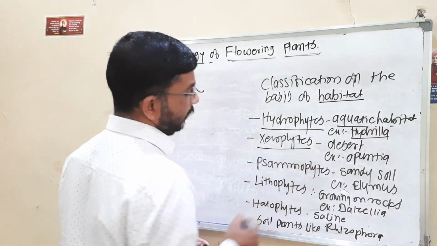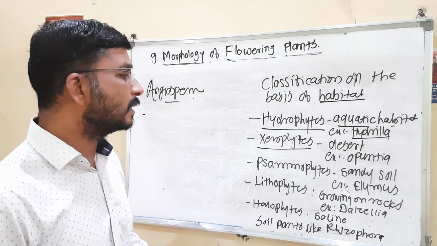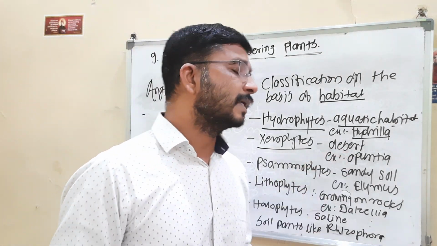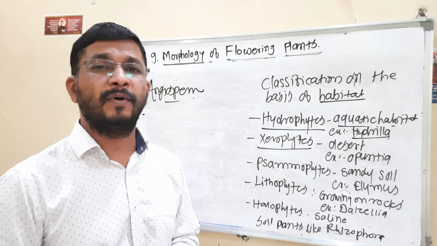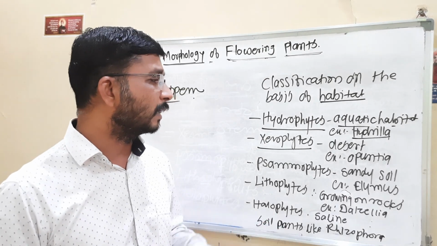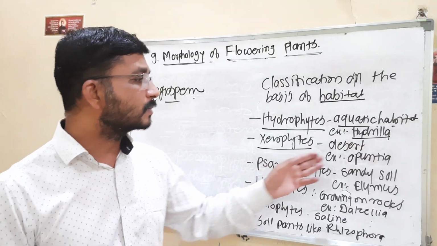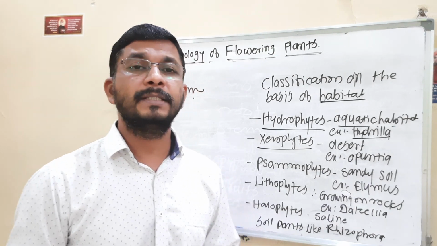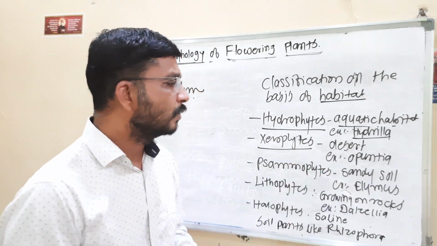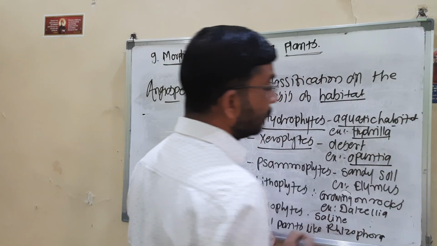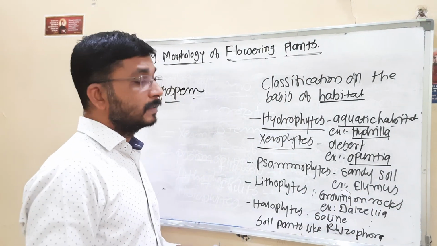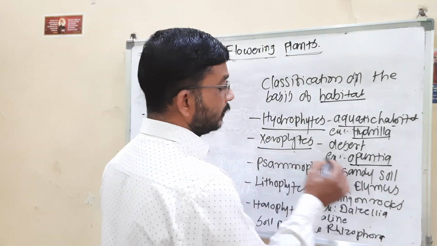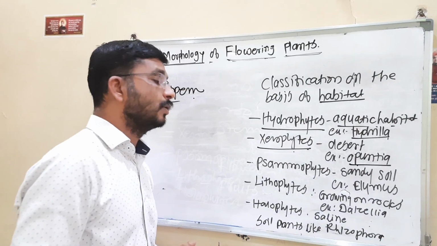Then xerophytic condition. In this condition there is a scarcity of water, low rainfall. That region is called a desert. The example is Opuntia, the best example. Opuntia is a xerophytic plant.